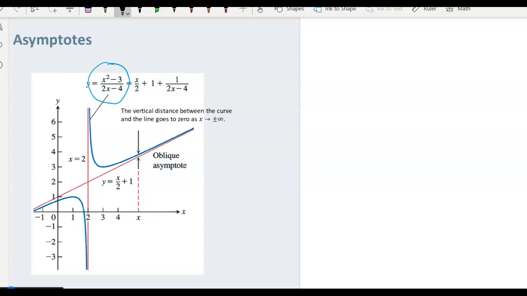So to find the equation of the oblique asymptote, we would take the divisor and divide it into the numerator here. Remember that when you're doing long division, you have to leave a space for all the possible powers of the variable. So I'm going to add in a space for x to the first power and then minus 3.